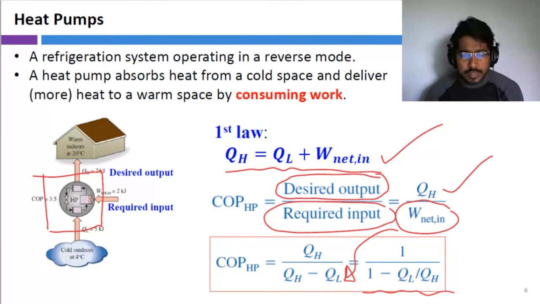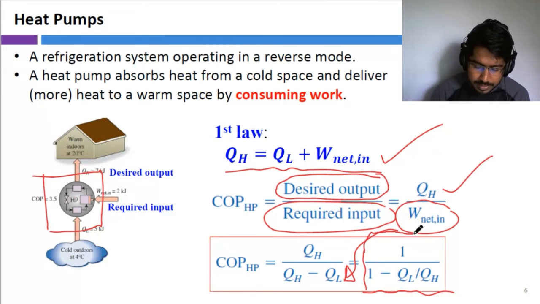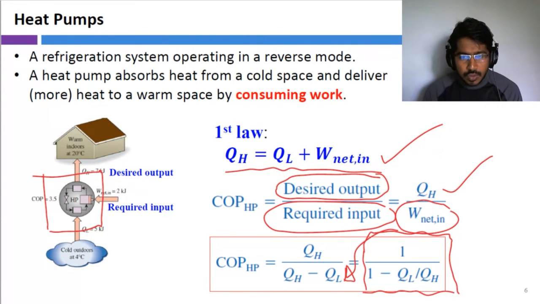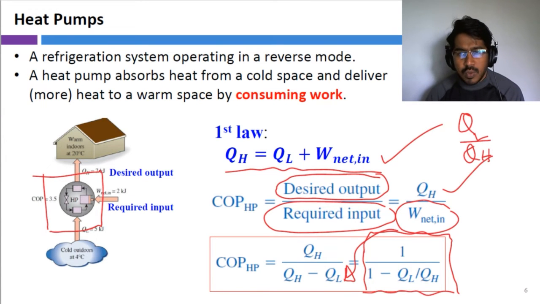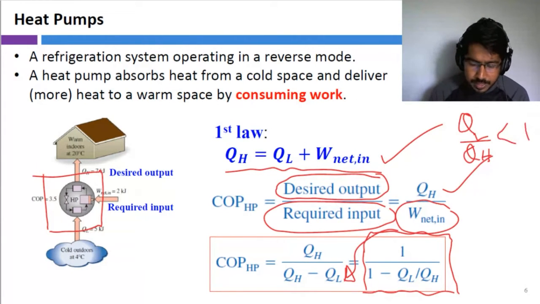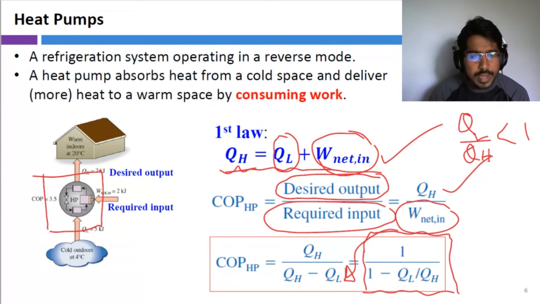And there's an important observation in this last part. What can you say about QL over QH? Is it less than 1 or greater than 1? It is less than 1, right? Always QH is higher than QL, because QH, as seen from the first law equation, QL plus W net, is the value that we get for QH.